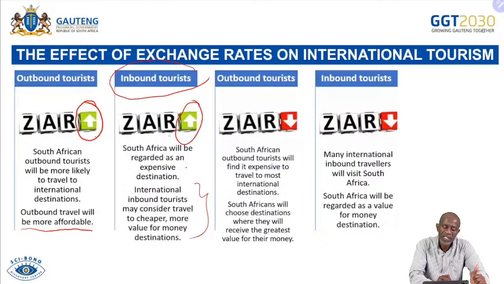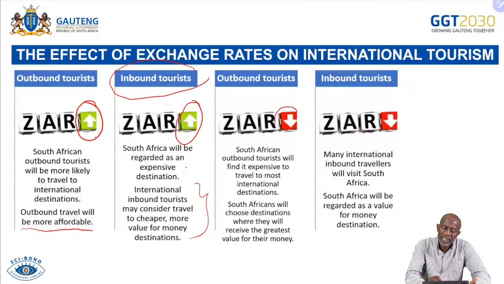So it is important to maintain the health of the rand. It shouldn't be up too much and it shouldn't be low that much. So that has to be controlled by economists in the country.